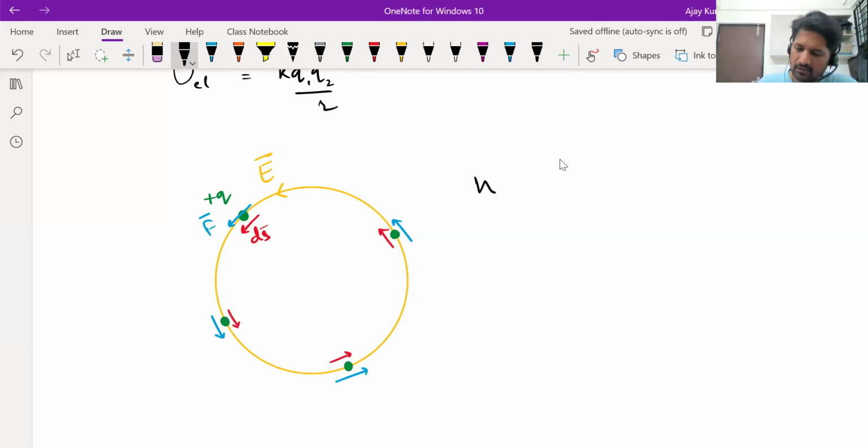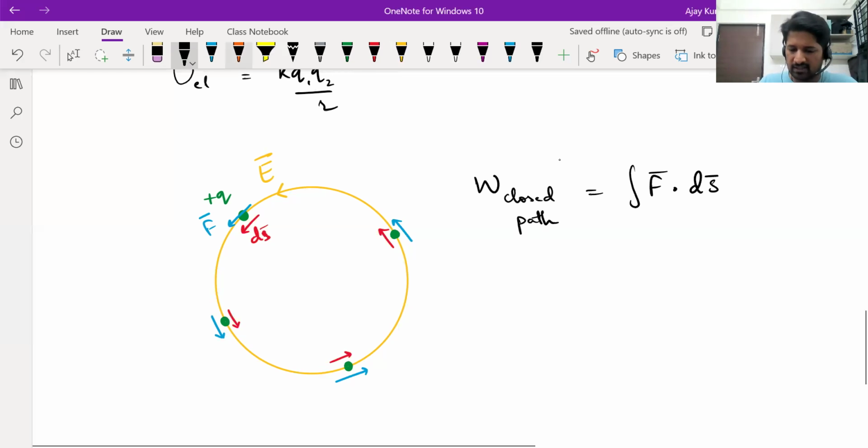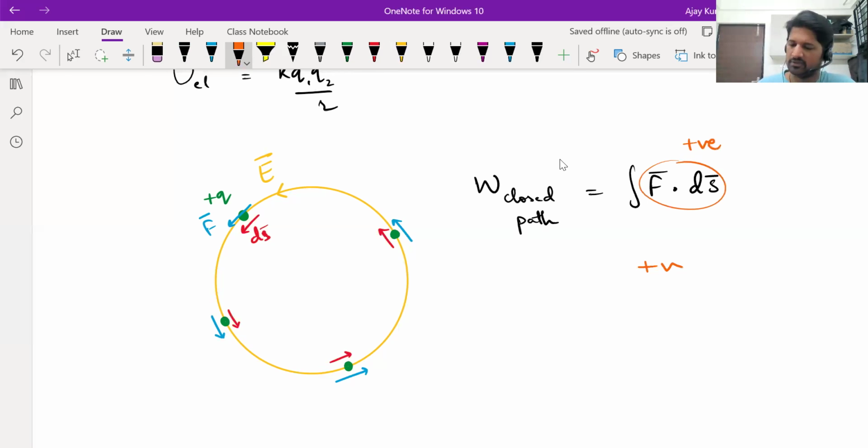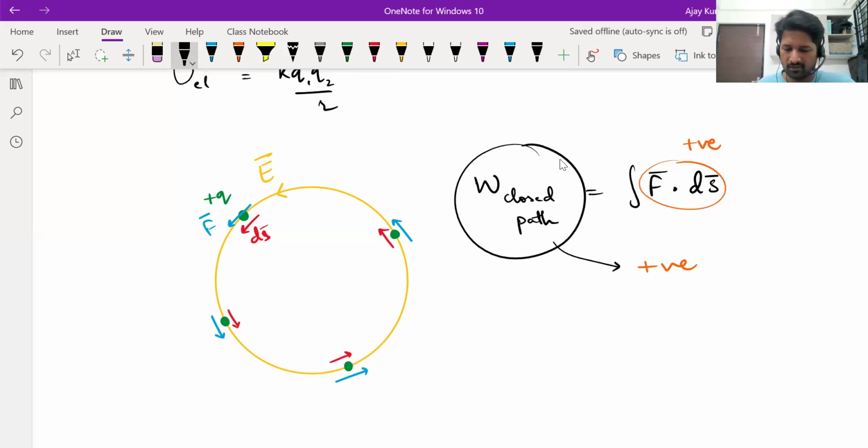The work done in this closed path will be integral F dot ds, the general formula for work done. Because force and displacement are in the same direction everywhere, the dot product is positive everywhere, and integrating positive terms gives a positive answer. That means work done in a closed path is positive, not zero.